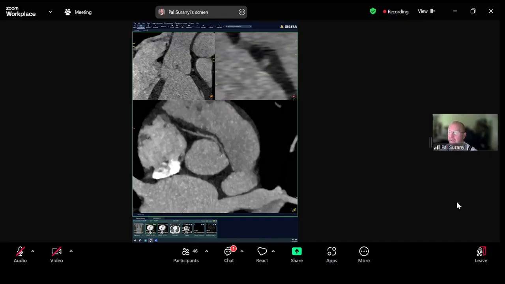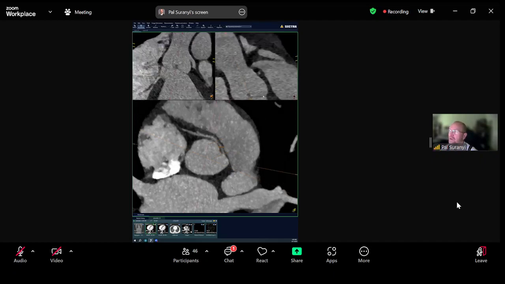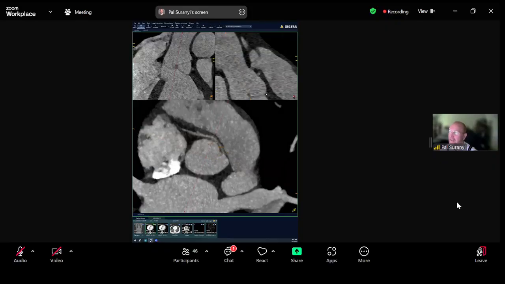And this is very important to describe for our surgeons, the intramural segment. Also the location with regard to how high it is from the sinotubular junction, and how high it is from the level of the annulus.